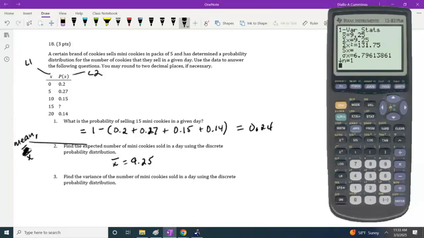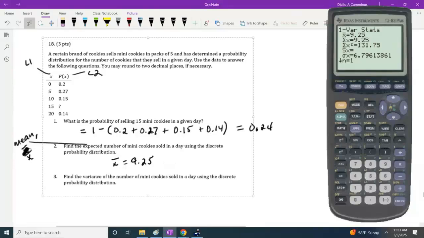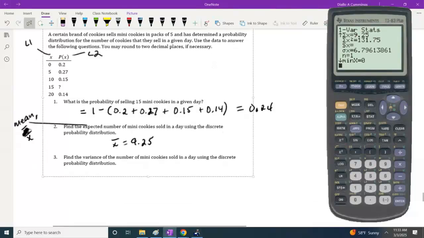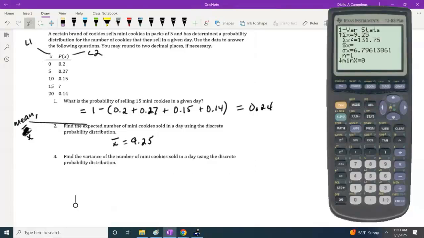Any questions about that one? Now the last one says find the variance. If you remember, the one variable statistic does not give you the variance. The variance is equal to the standard deviation squared. And they do give us the standard deviation.